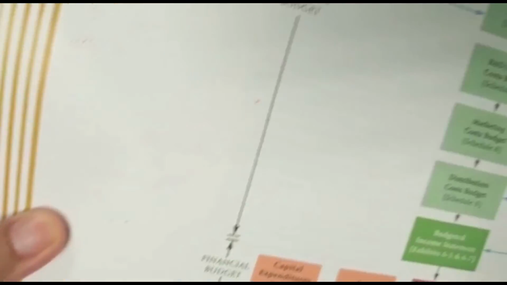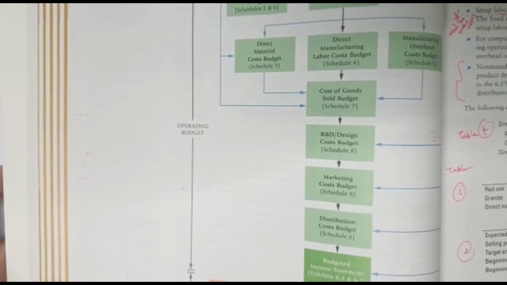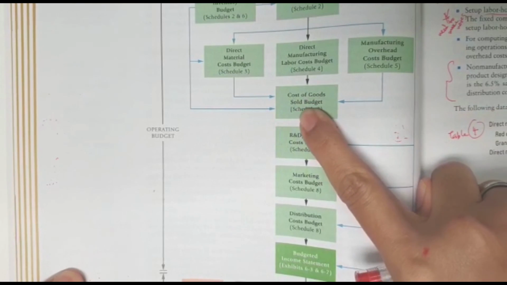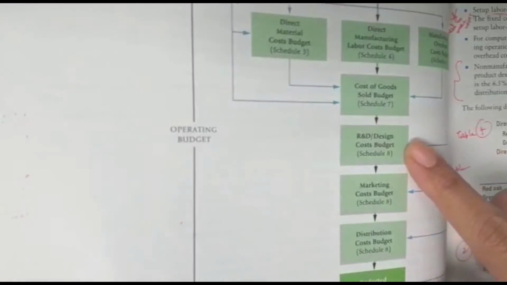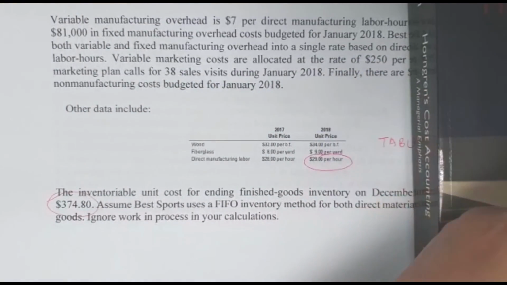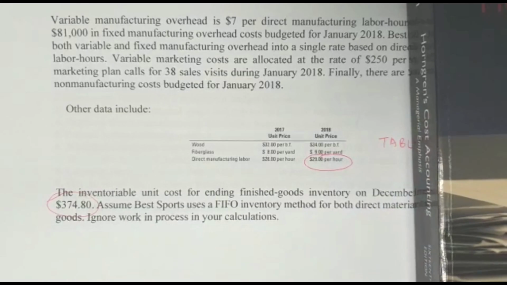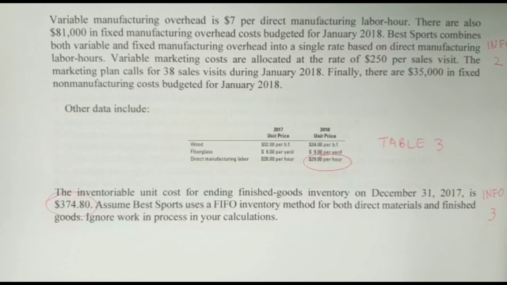The point is that for this topic, we only cover up to the cost of goods sold budget. The other information is used for other types of budgets, such as the marketing budget and the distribution cost budget, which have their own specific calculations and which we will not cover in this topic.